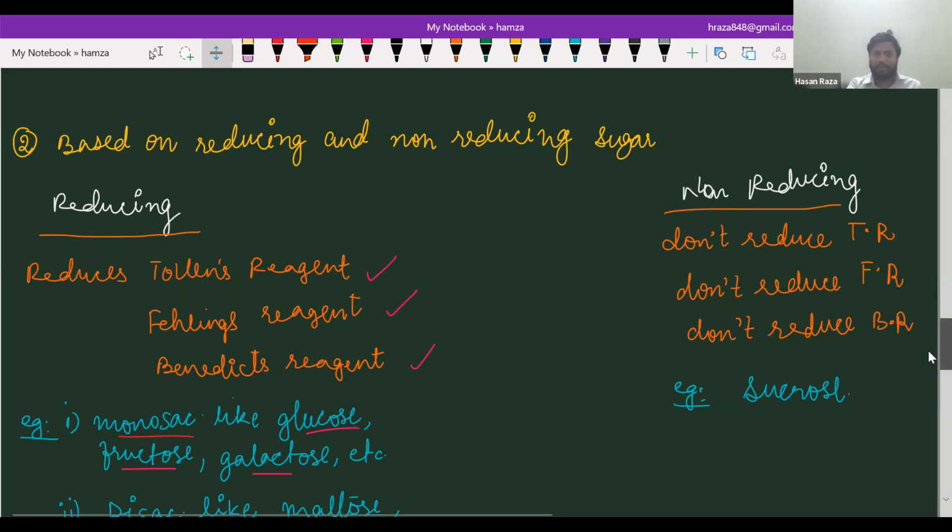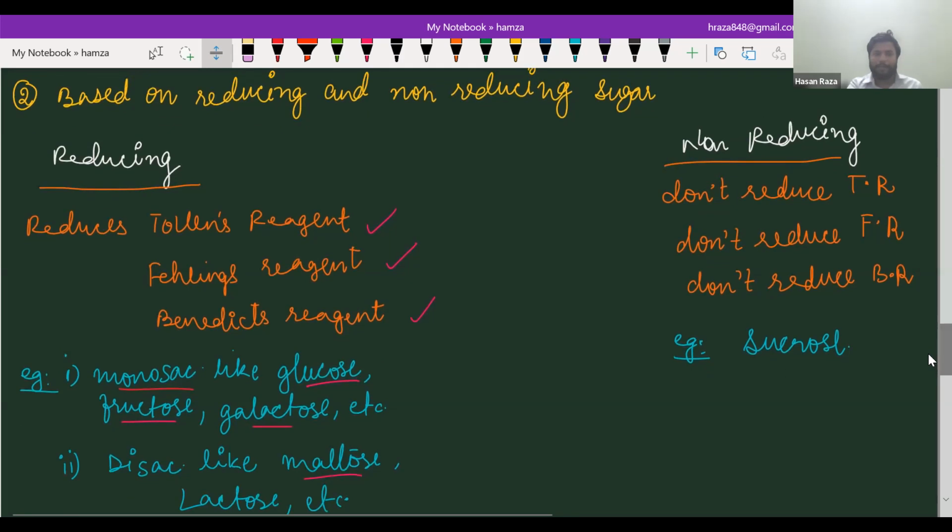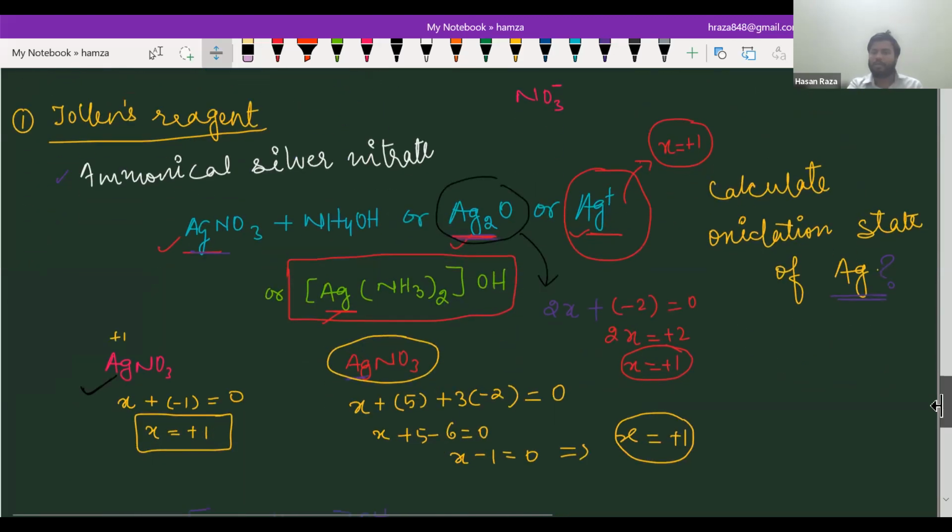So please take a screenshot. Examples I wrote: reducing sugars like glucose, fructose, galactose, and disaccharides maltose, lactose, etc. Non-reducing is sucrose. Very good.